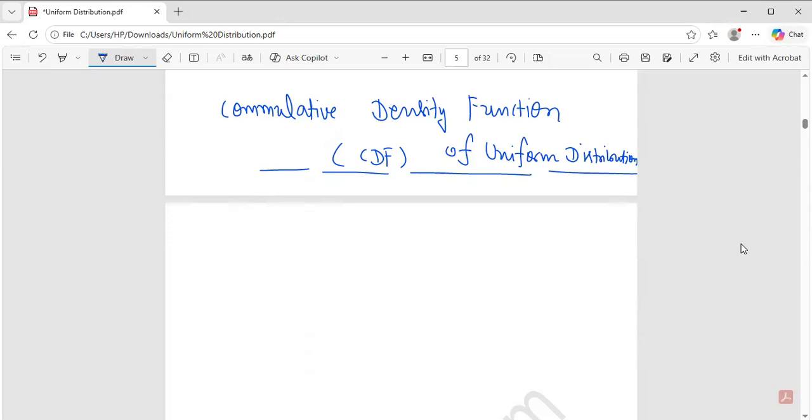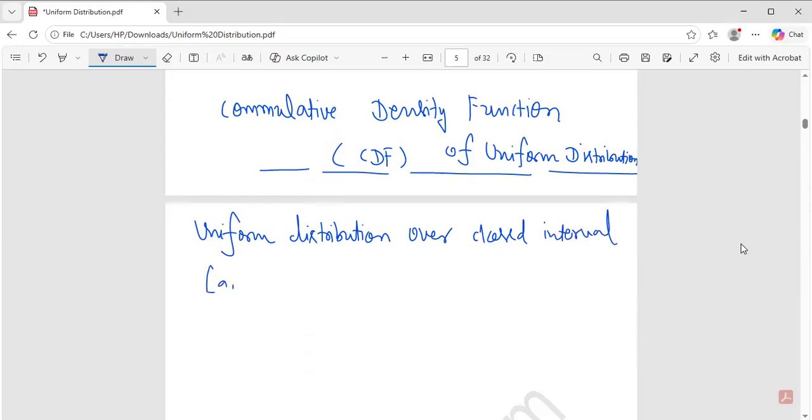Uniform distribution over the closed interval AB is denoted by U(a,b).